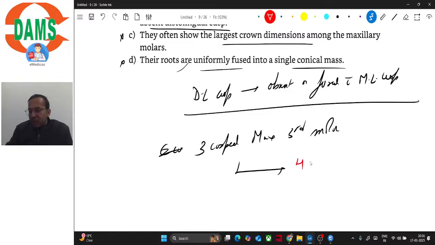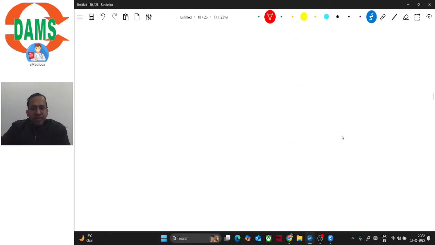It will still be formed with 4 lobes. Right? So either one of the lobes did not develop properly or it was fused with another lingual lobe. So in any case, there will be 4 lobes. Either it did not develop, that's why we do not have the distolingual cusp, or it got fused with the other lingual cusp, and that is why we have 3 cusps. Right?